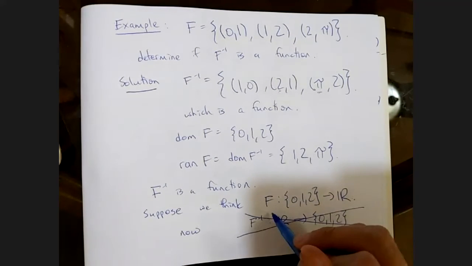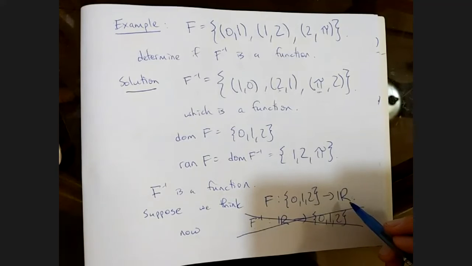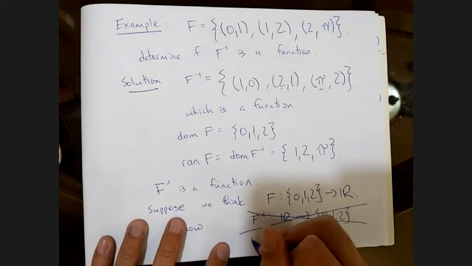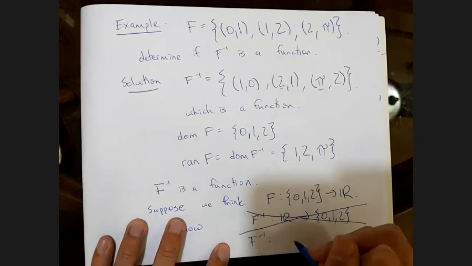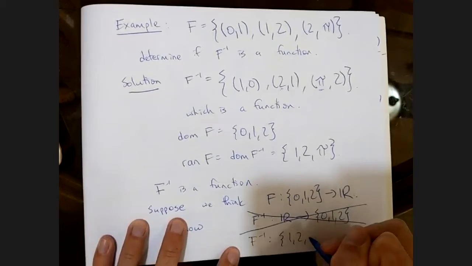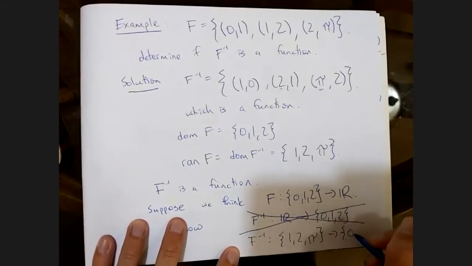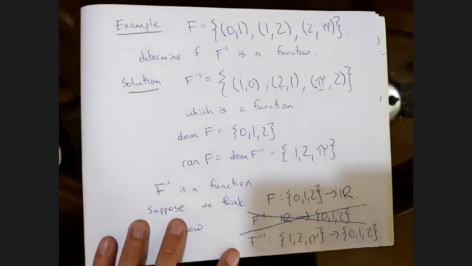If I write F goes from A to B, for F inverse to be a function from B to A, it has to be onto B as well as being one-to-one. All we can do is say F inverse goes from 1 to pi to 0, 1, 2.